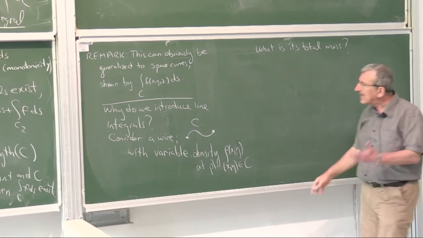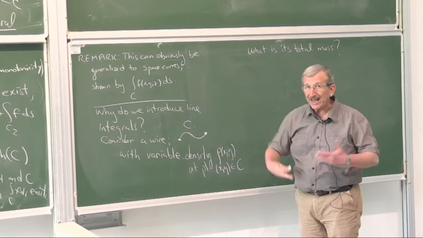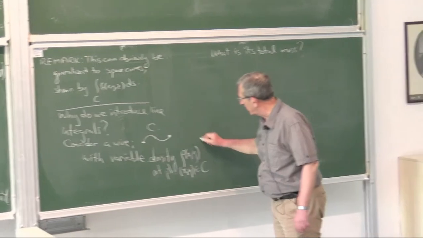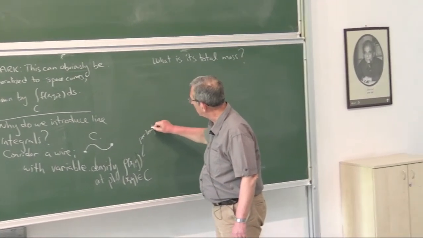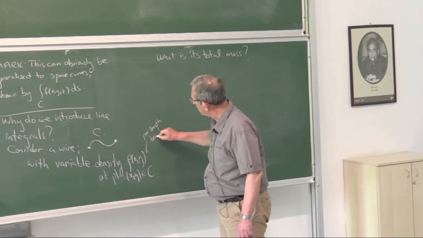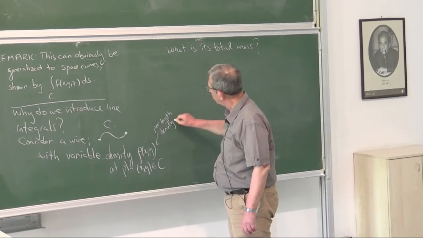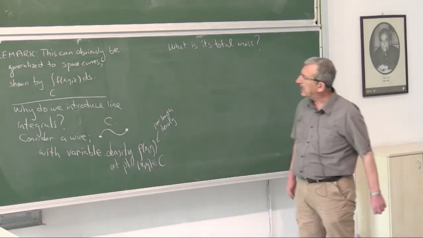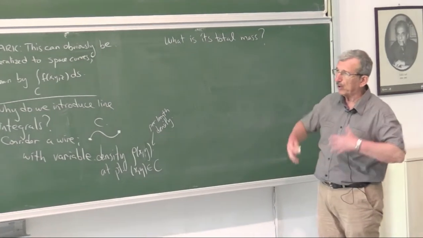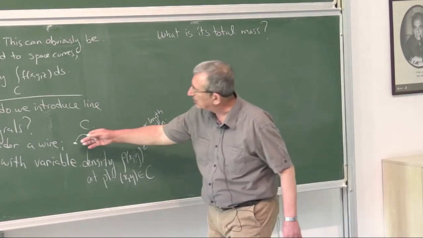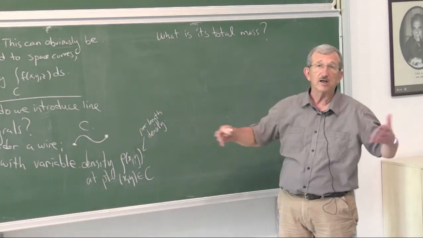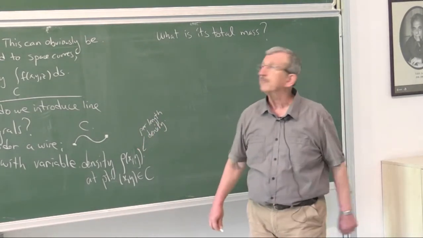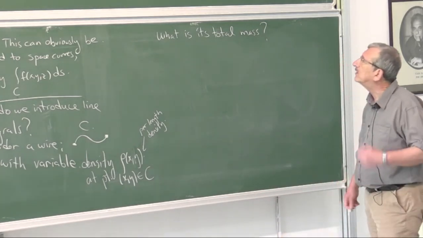Of course, this density is per length. At each point it changes, but it's a density per length, because C only has a length. As you can assume, its cross-section is constant. Doesn't matter for us. So then, what's the total mass?